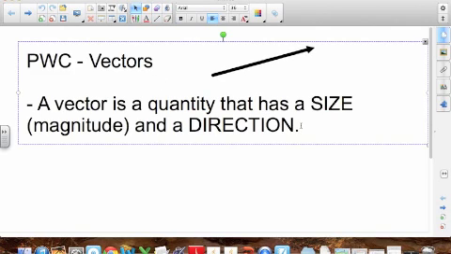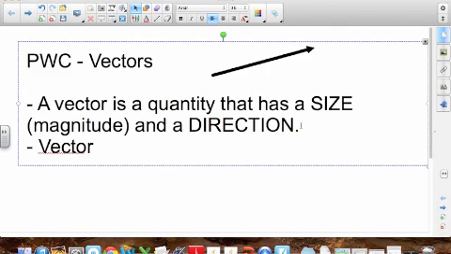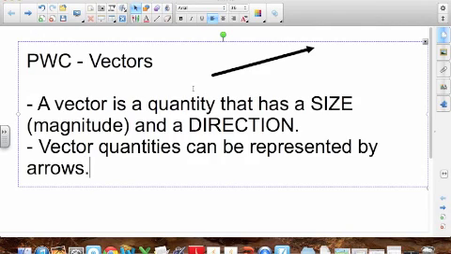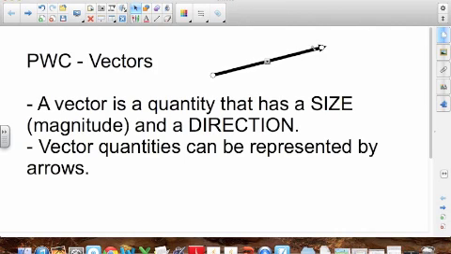So, vectors, or vector quantities, can be represented by arrows, because the arrows have a certain length, which represents their size, and of course the arrow points in a certain direction.